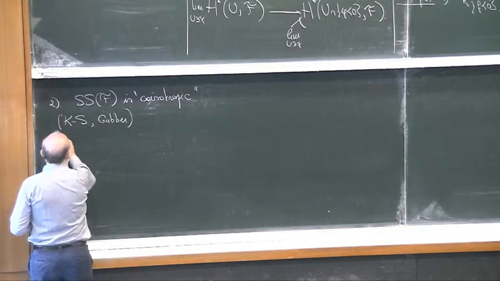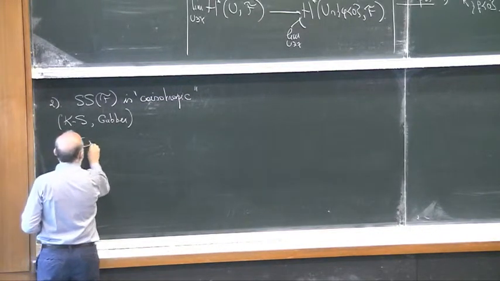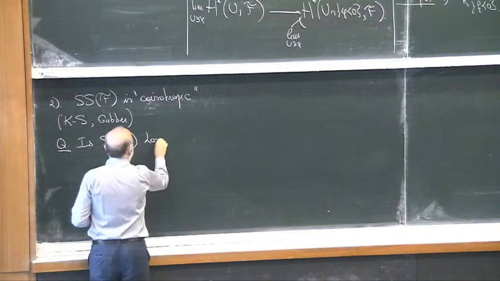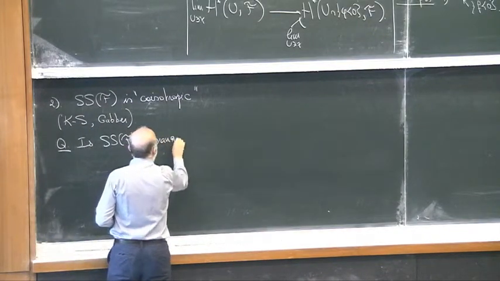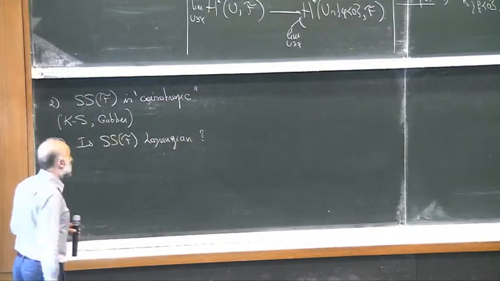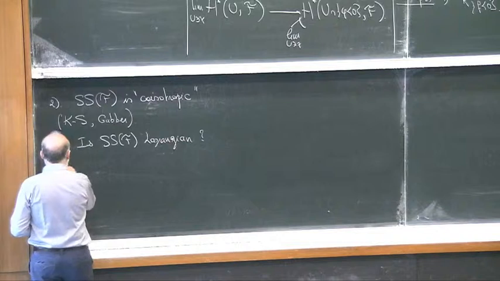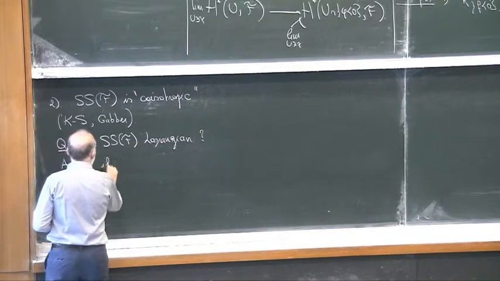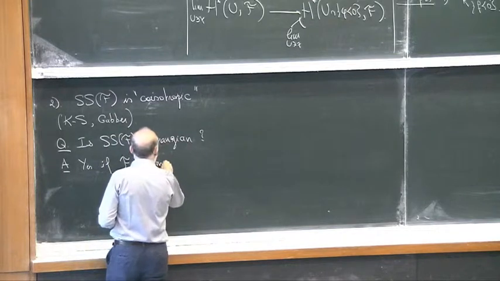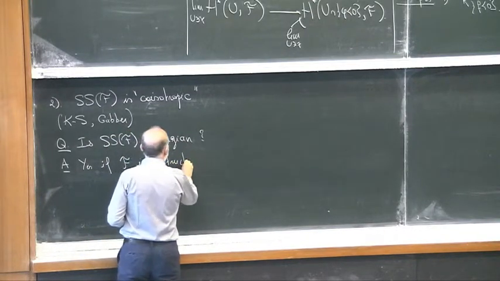So the question is whether the singular support of F is Lagrangian, and the answer is yes if F is a constructible sheaf.